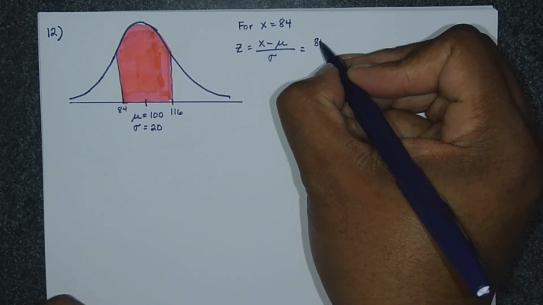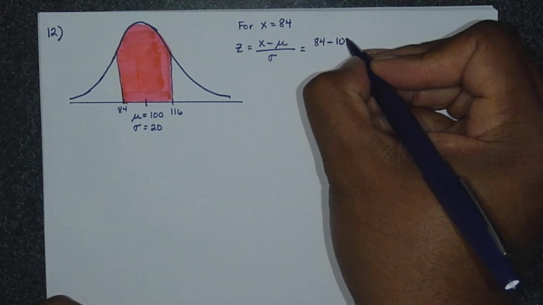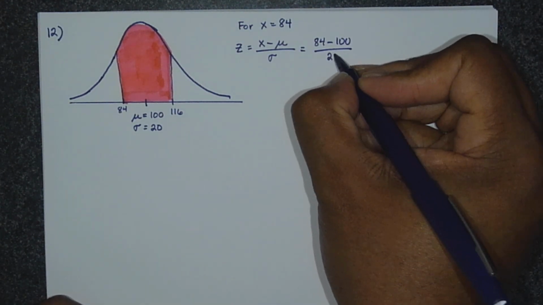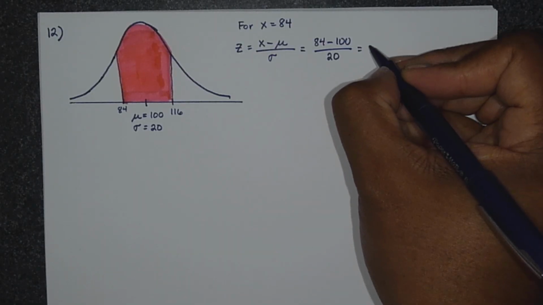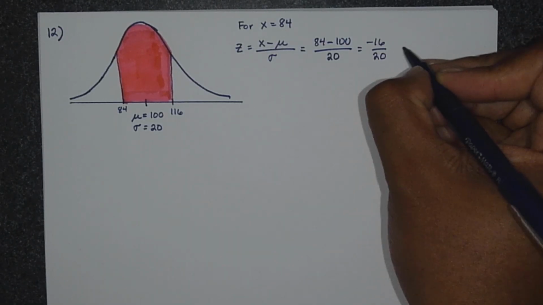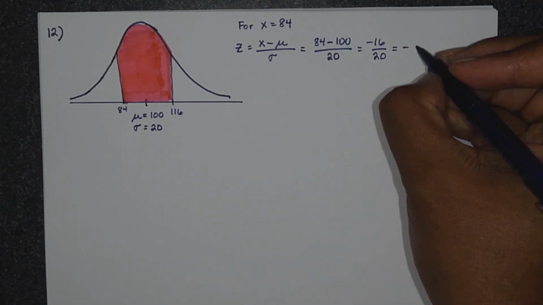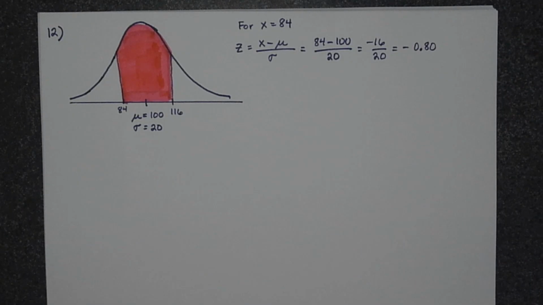So that would be 84 minus 100, divided by the standard deviation of 20. Now what's 84 minus 100? Negative 16. Negative 16 divided by 20 as a decimal would be negative 0.8. And I'm going to add a 0 behind it, so it'll be negative 0.80.